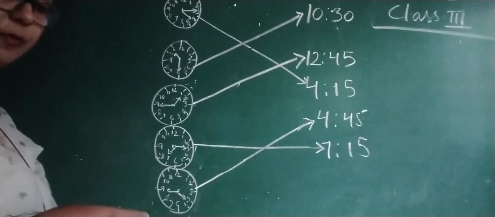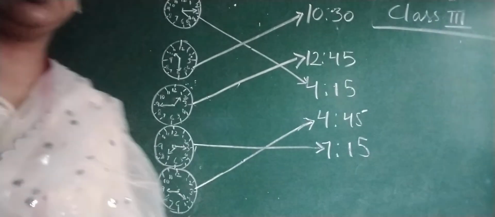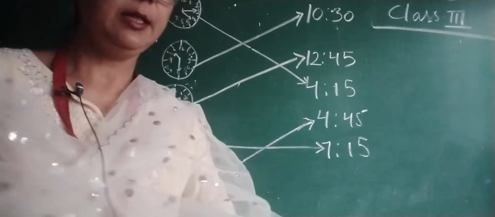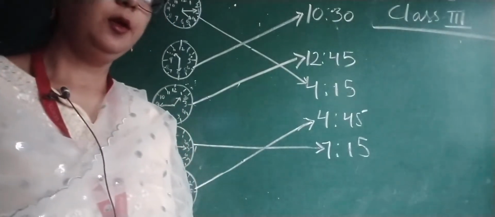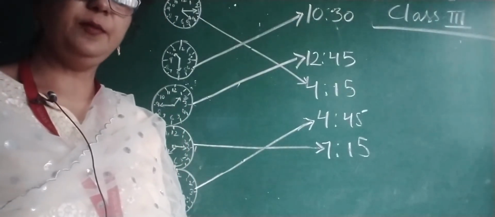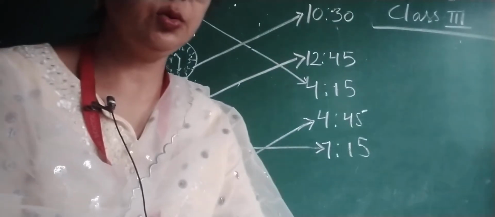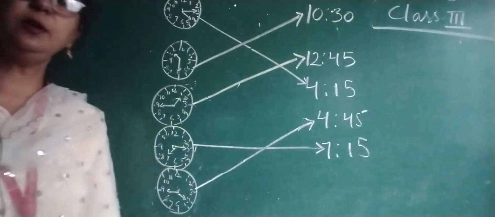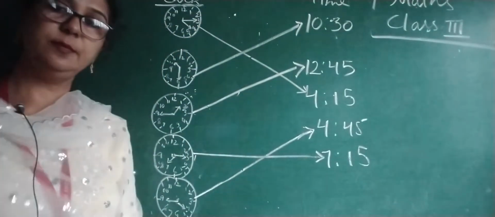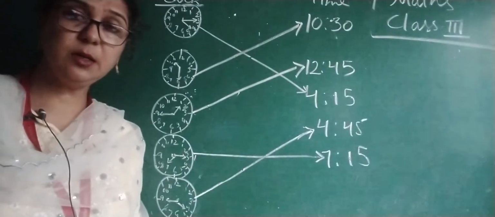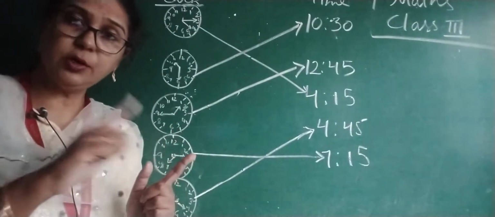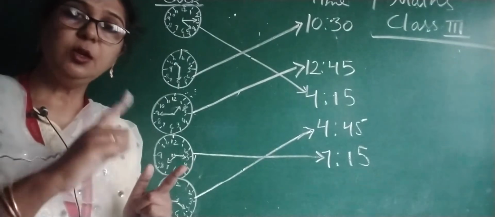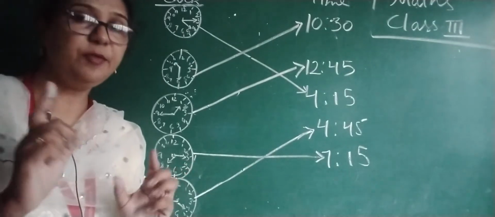Now after that we will do the next exercise, that is reading time in hours and 5 minutes corrections. So now, as you all know children, the clock is divided into 60 minutes and between two numbers you get 5 minutes.